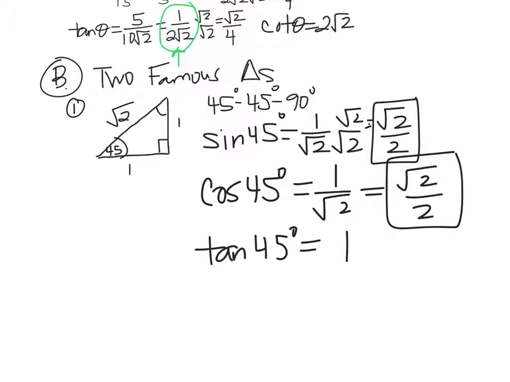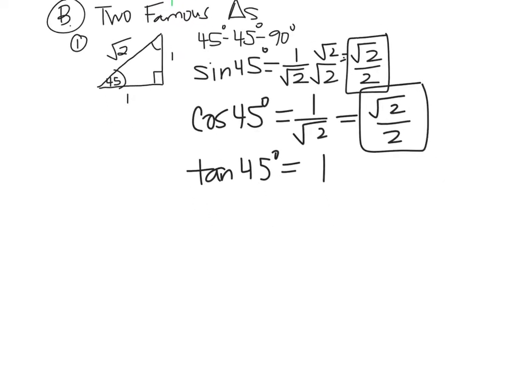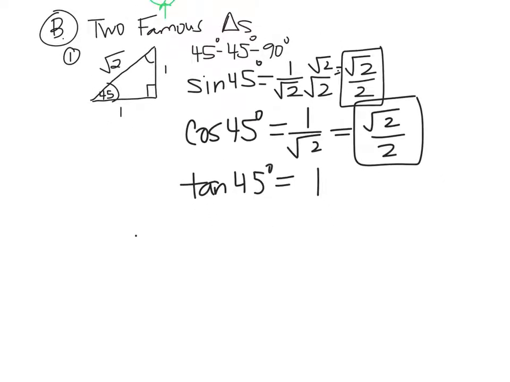All right, now, if you wanted to do the reciprocals, like if I wanted to find the cosecant of 45 degrees, like I said, you would want to go back to before you rationalized it and flip your fraction. So sine of 45 is 1 over rad 2. Cosecant of 45 is simply rad 2.